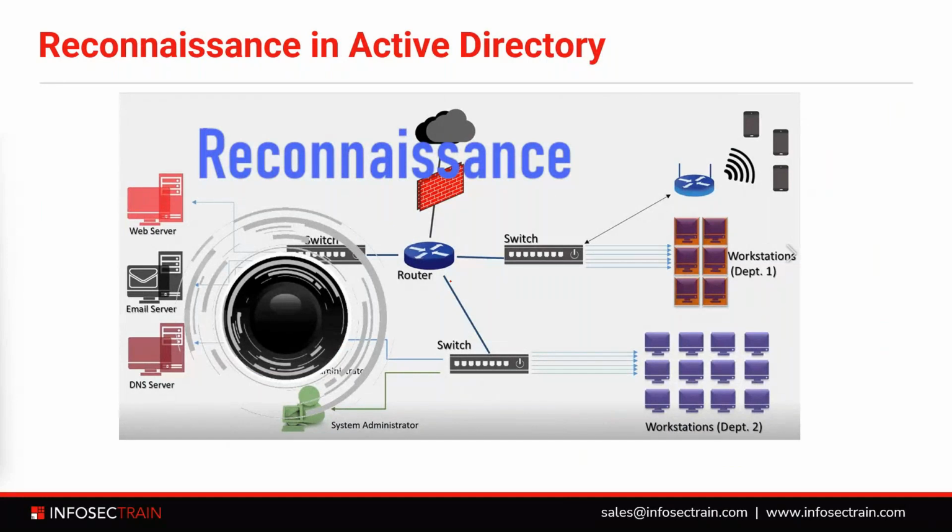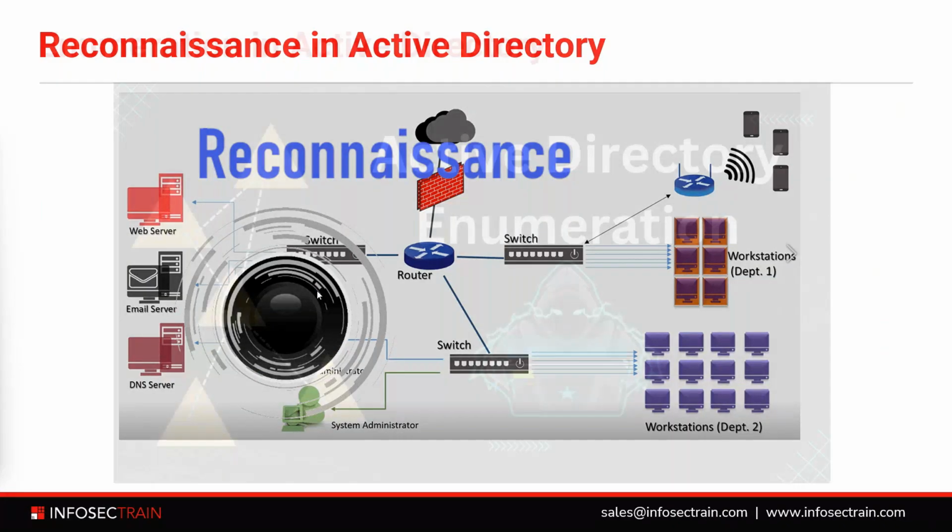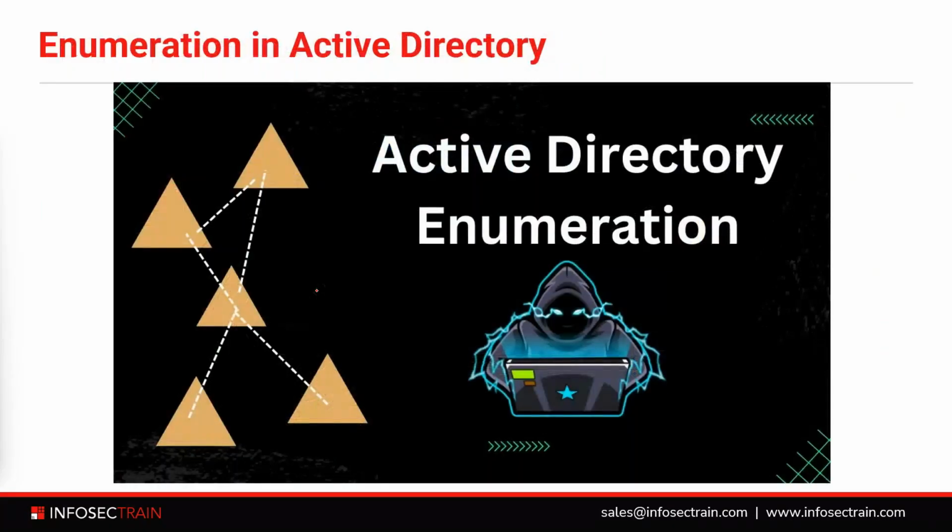Reconnaissance means gathering information about the Active Directory, finding out the IP addresses, finding out information about the users if you are able to, right? And then you do the enumeration also, getting more information after interacting with the Active Directory. So we will be doing the interaction, but let me just show you how our Active Directory looks.